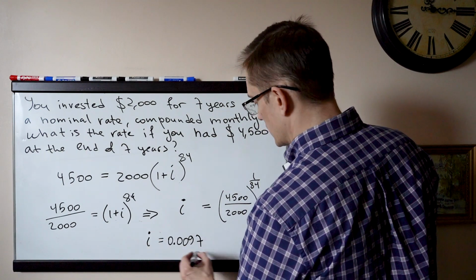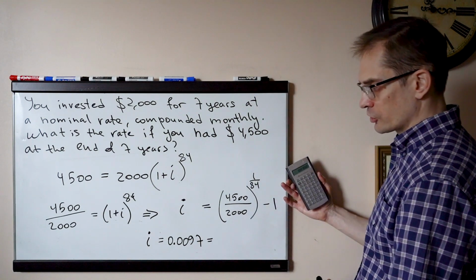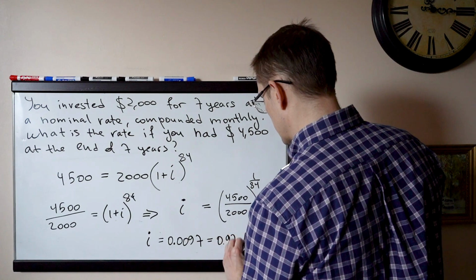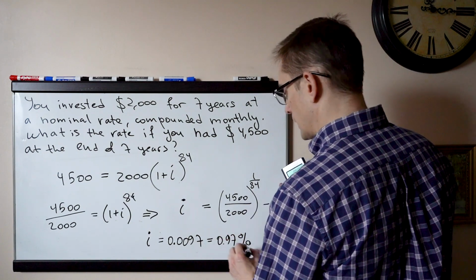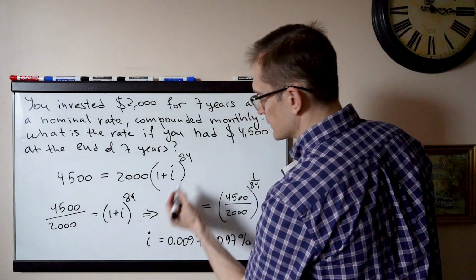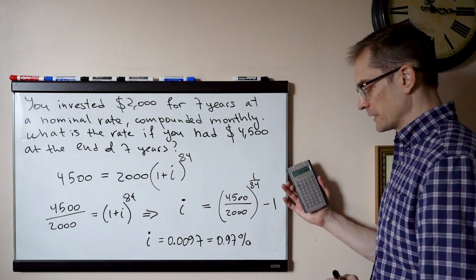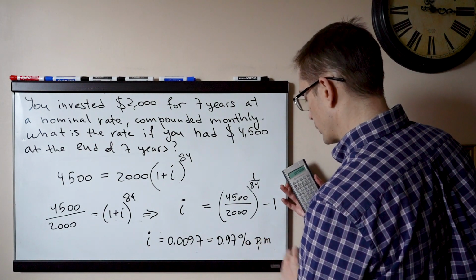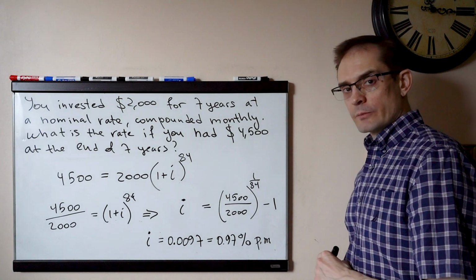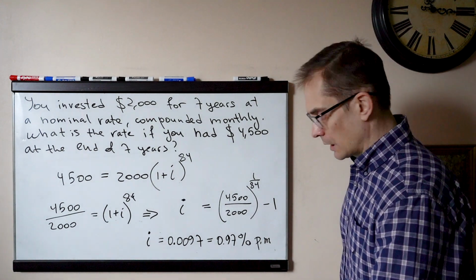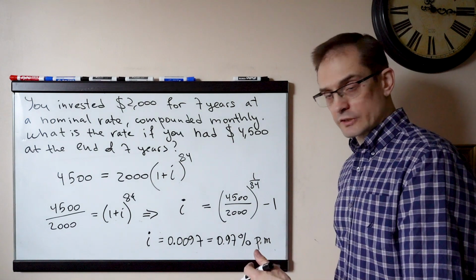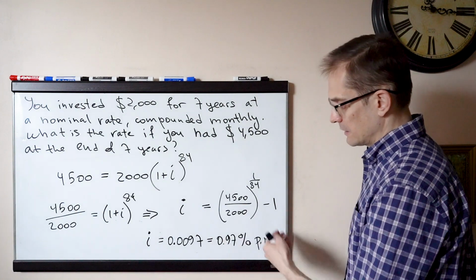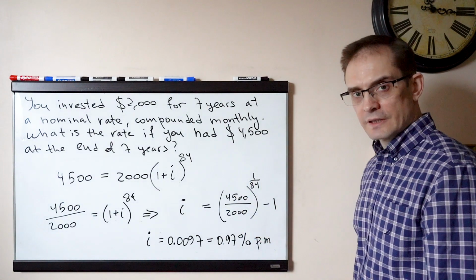I still need to write it in percentage terms. So it's going to be 0.97%. We need to always remember that this I is per month. It's a periodic rate, so it's 0.97% per month, a rate per that period. But this rate, of course, is compounded monthly. So after each period, a reinvestment will be happening, and for 84 times.